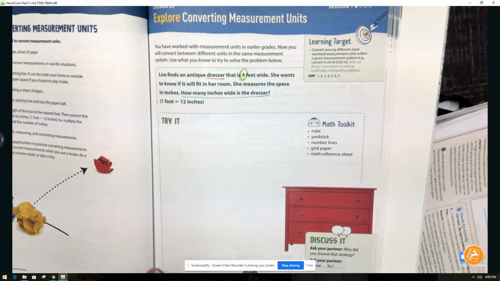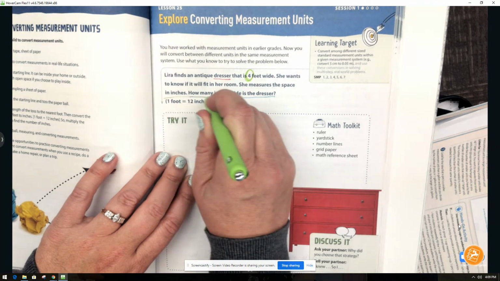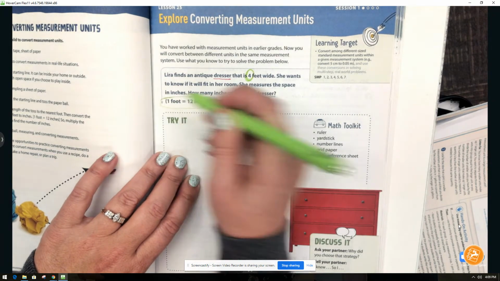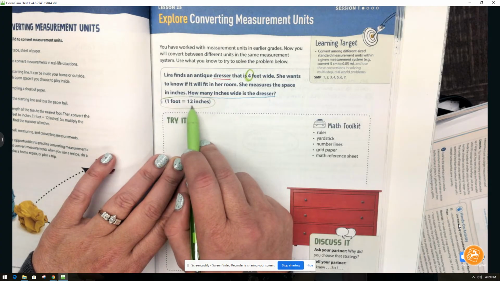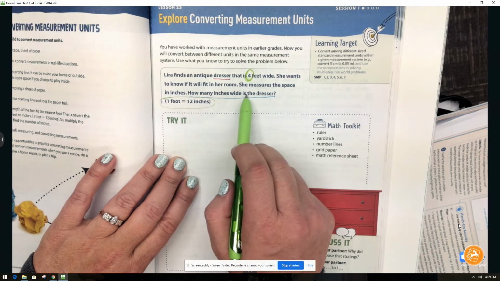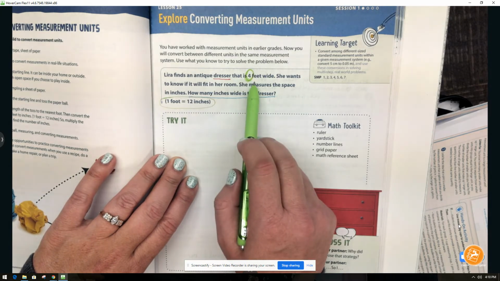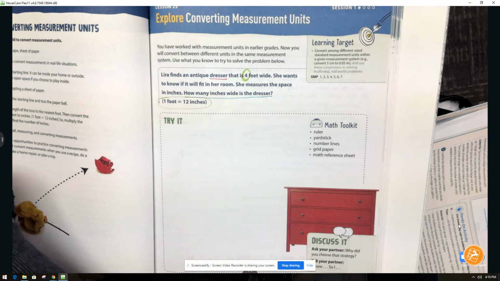And then the other important information is actually not per se in the math problem. It's actually down here below the math problem. This little piece of information here says that 1 foot equals 12 inches. That's going to be very helpful for us in solving how many inches are in 4 feet.